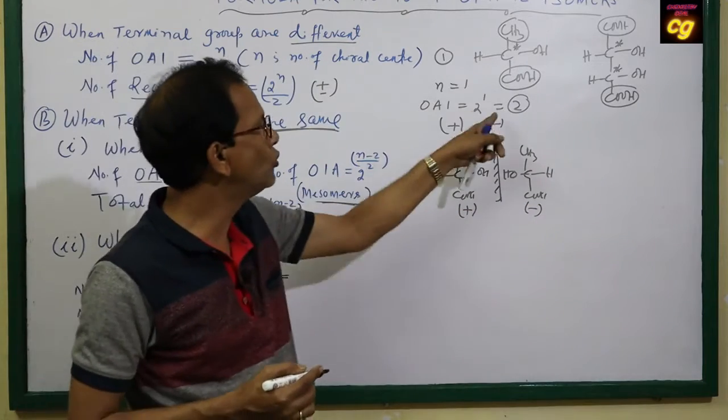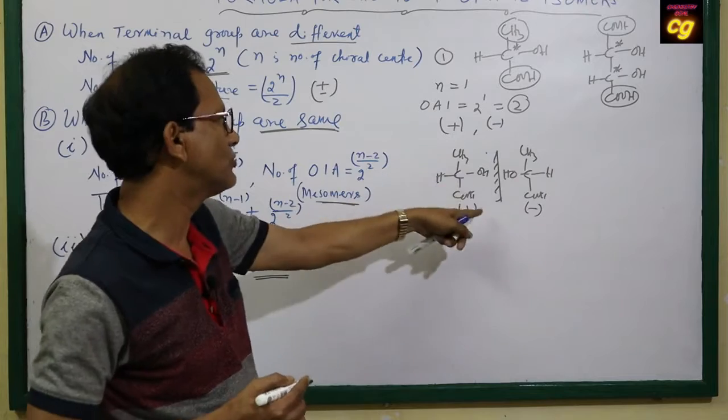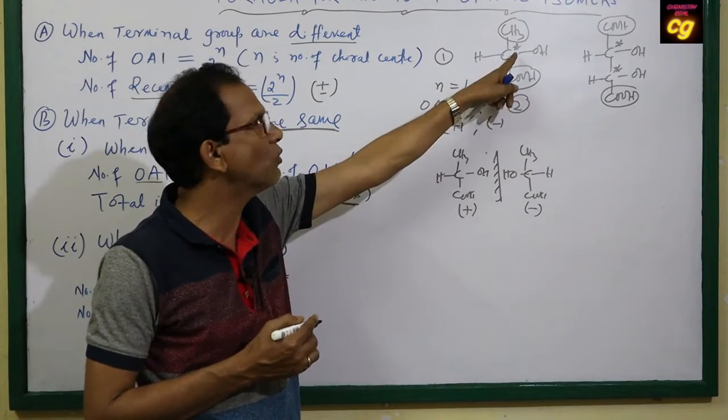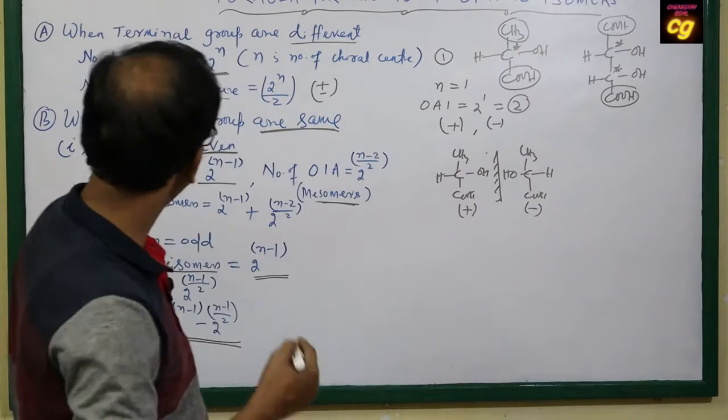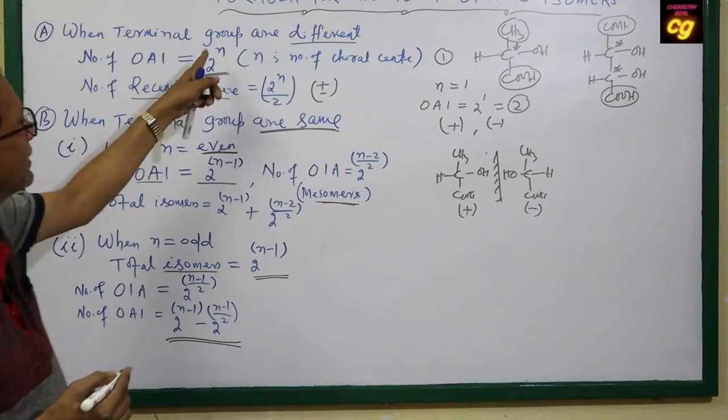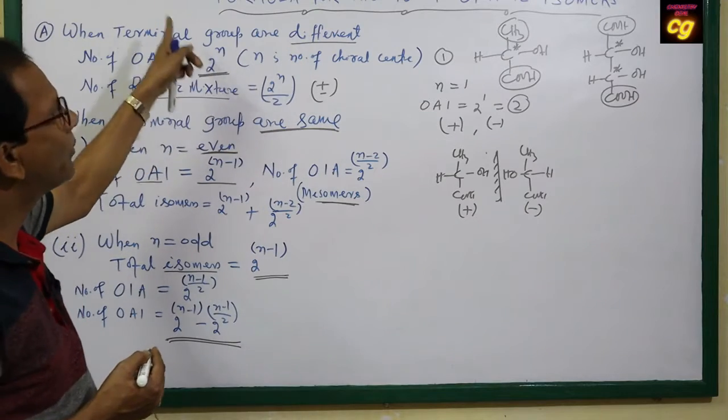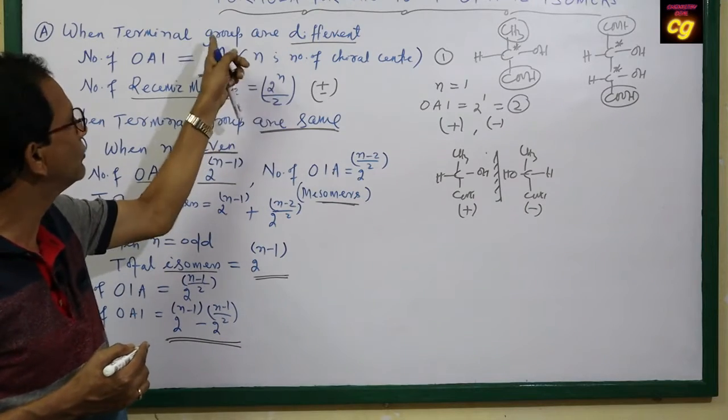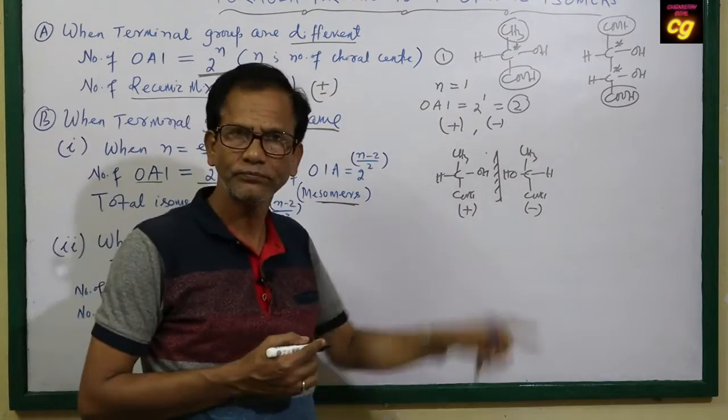So only two optically active isomers will form if it has one chiral center. This is the case of the number of optically active isomers when groups are different.